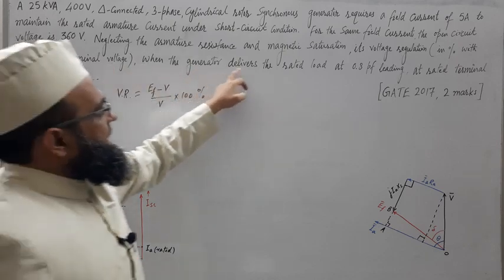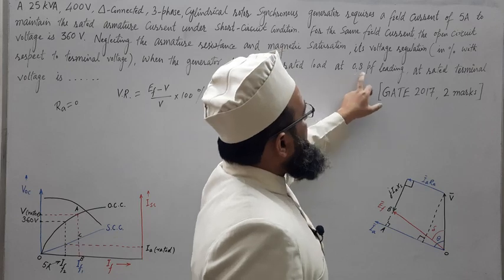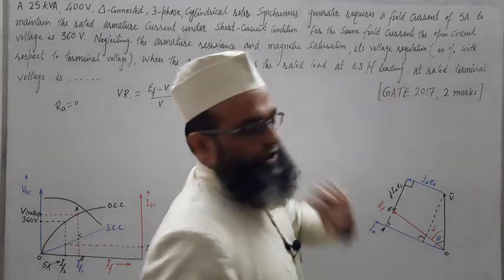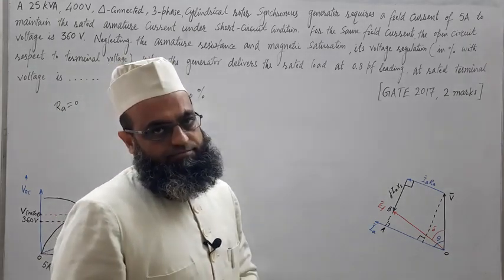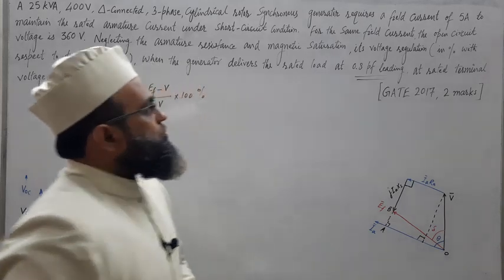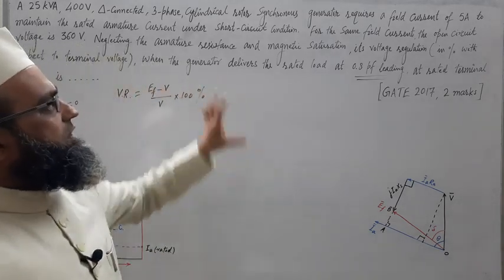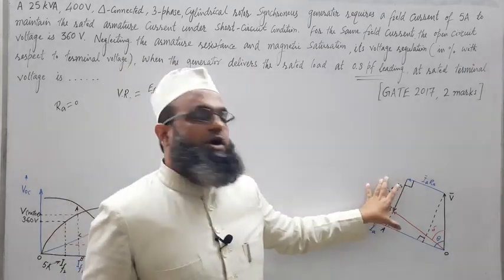When the generator delivers the rated load at 0.8 power factor leading, this is important, whether lagging or leading, and what is the power factor. So once you sense the case of leading power factor load, this diagram should come to your mind.